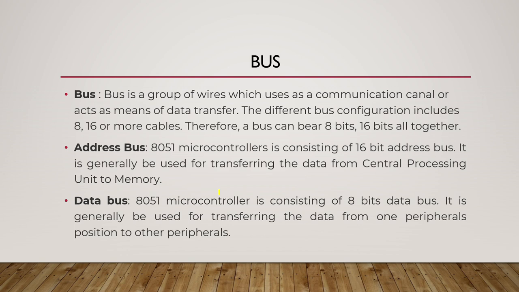The wire will burn or cut. This type of thing happens in electricity. Here, the bus strength is to transmit 8 bits, 16 bits, 32 bits or 64 bits, different amounts of data at a time.